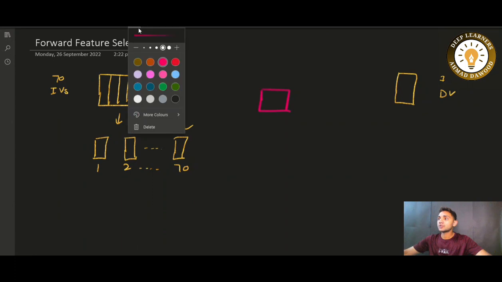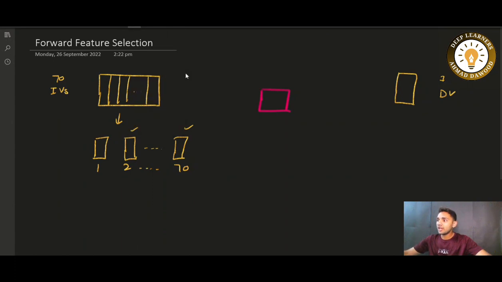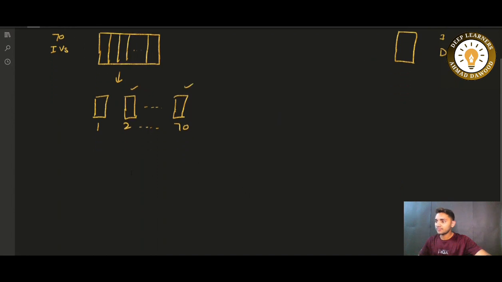You will feed feature number one to the model, and you will also feed the one dependent variable.